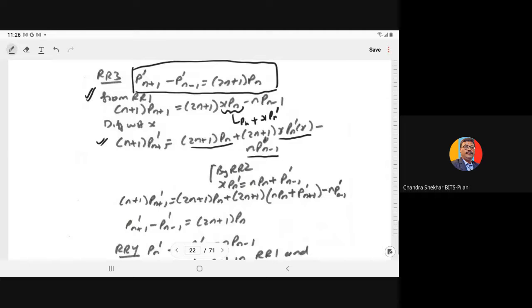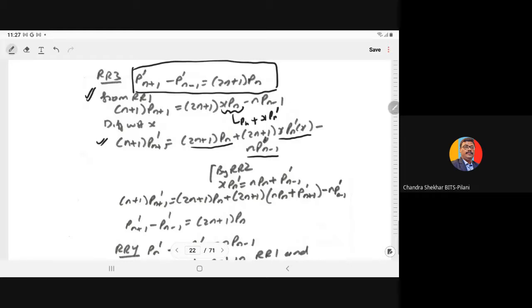And from the recurrence relation 2, we know that x P'n is equal to n Pn plus P'n-1.